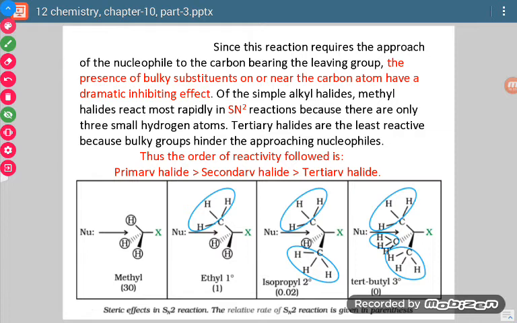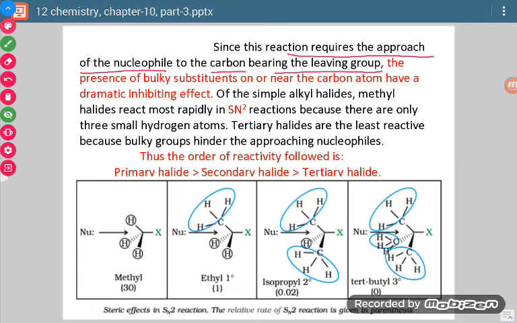Now see what will happen in this type of mechanism. This reaction requires the approach of the nucleophile to the carbon bearing the leaving group. So what has to happen in this case? The transition state is to be formed, and in the transition state the nucleophile which we are supplying must get attached to the central atom along with the leaving group. The leaving group will also be there and will also get attached in the transition state.